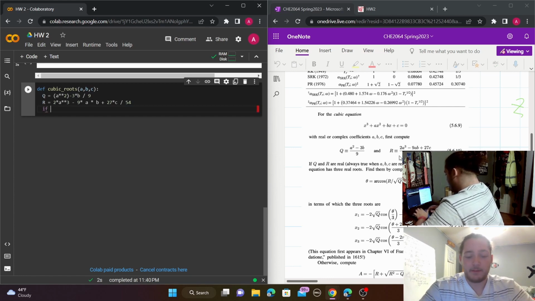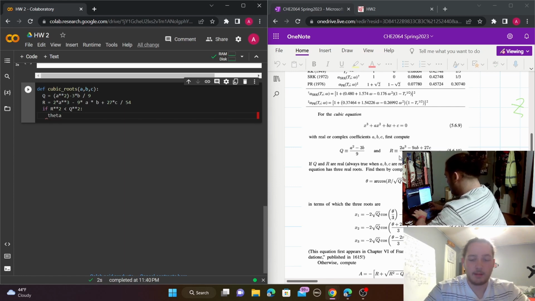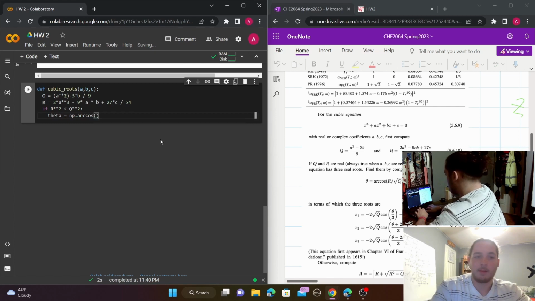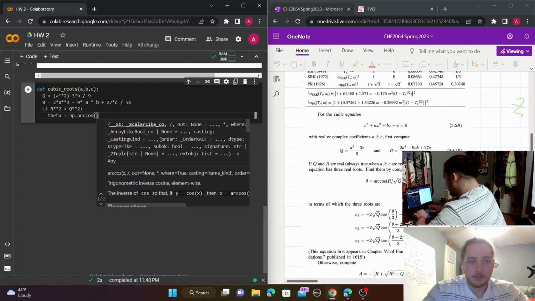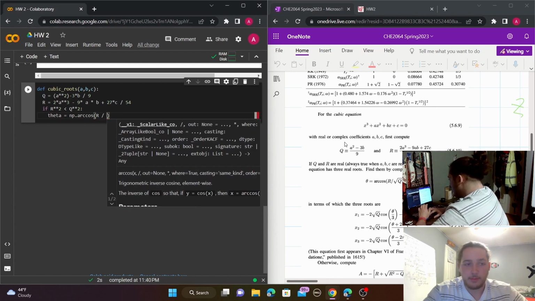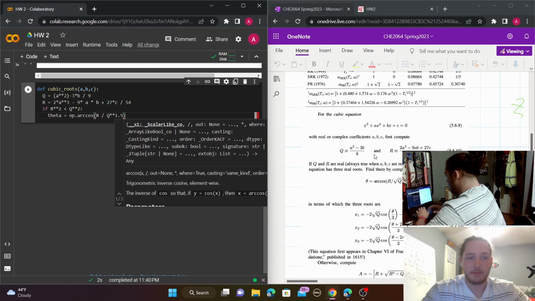So we have here if r squared is less than q cubed, we can set theta equal to np.arccos, and we make this r over, so the square root of q cubed is q to the 3 halves, and we can just type that as 1.5.